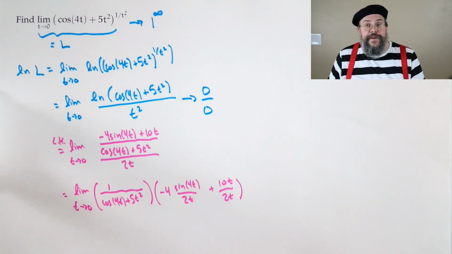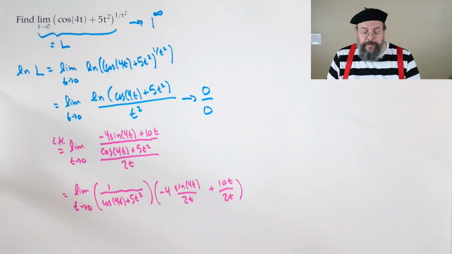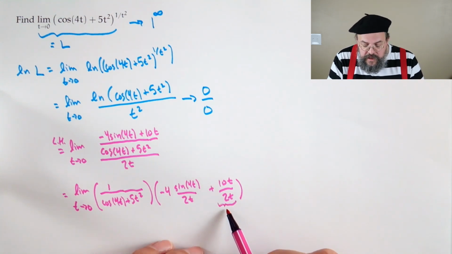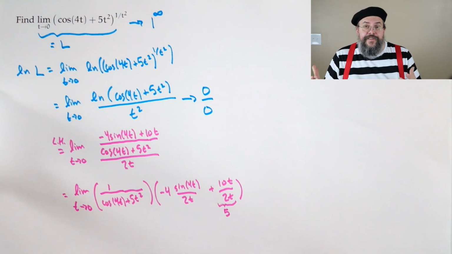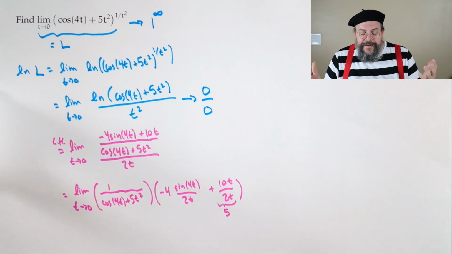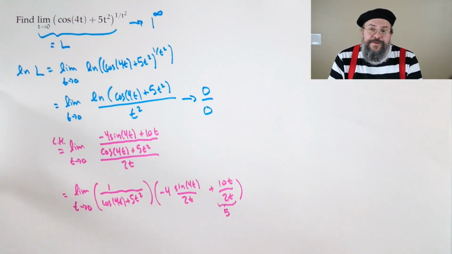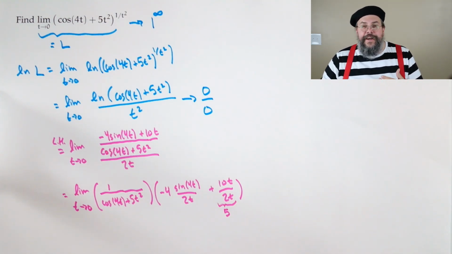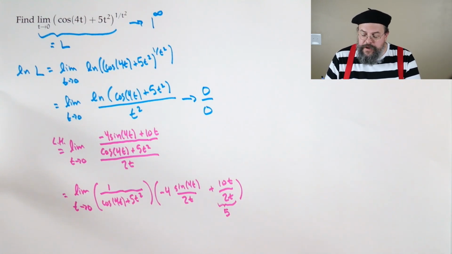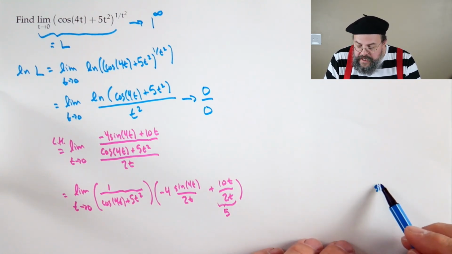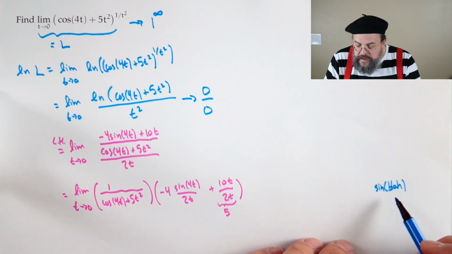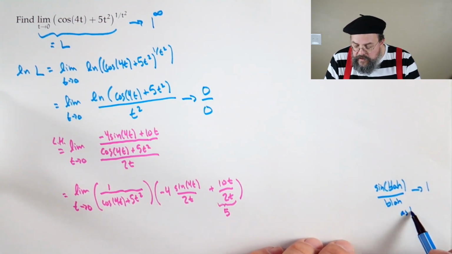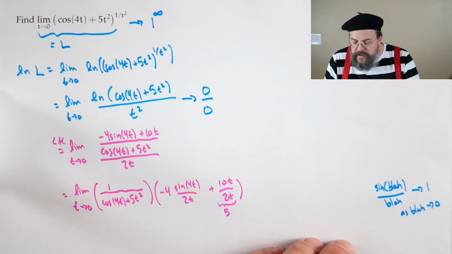Now, good news is at least one part is not so bad. You see this last part, 10t divided by 2t, it's really 5. You can get the t's to cancel, 10 over 2 is 5. This other part is really close to something. We always have in the back of our mind a really nice basic rule, which says that sine of blah over blah goes to 1 as the part on the inside goes to 0.